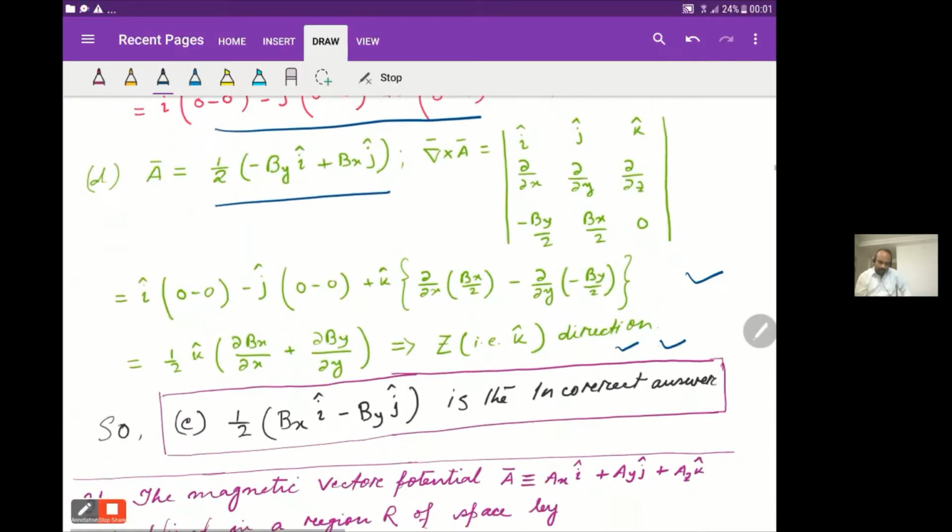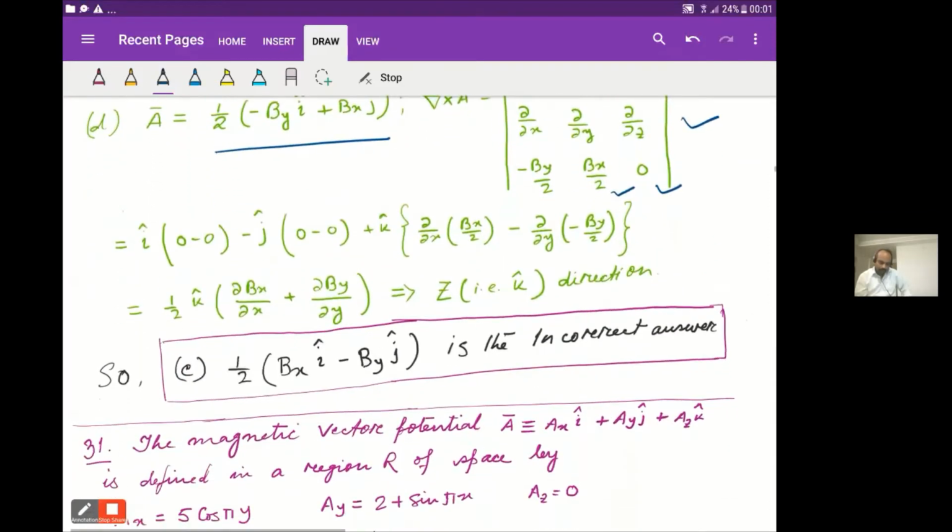Doing the calculation, we can see again that we have some value along the z direction or k cap direction. Therefore, option D is also correct. So naturally, we have found that option C is the incorrect answer, and this is what we were supposed to find out.